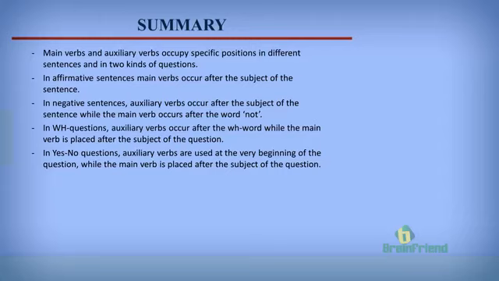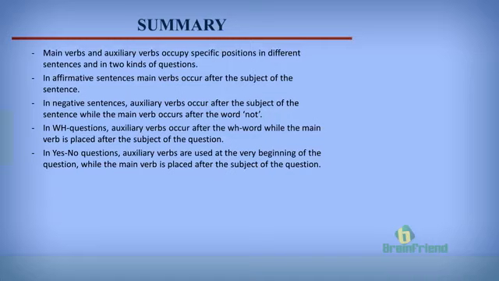We also learned that in affirmative sentences, main verbs occur after the subject of the sentence. And we also learned that in negative sentences, auxiliary verbs occur after the subject of the sentence, while the main verb occurs after the word not.